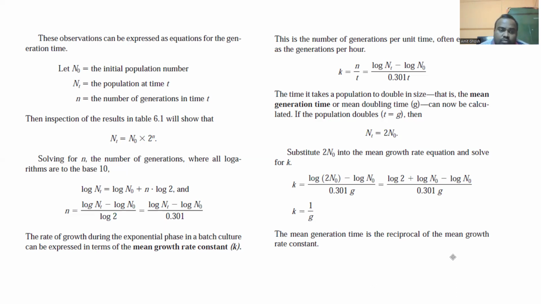So N0 is the initial population, Nt is the population at time t, and n is the number of generations in time t. So we can write the inspection of the result from the previous table.